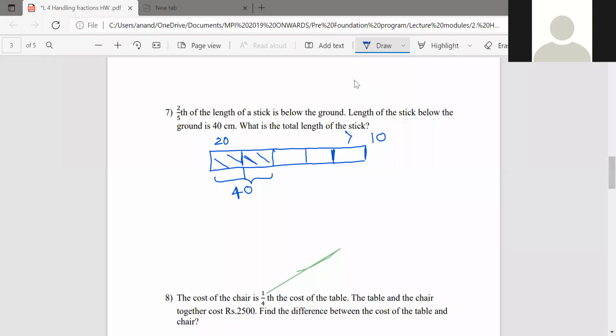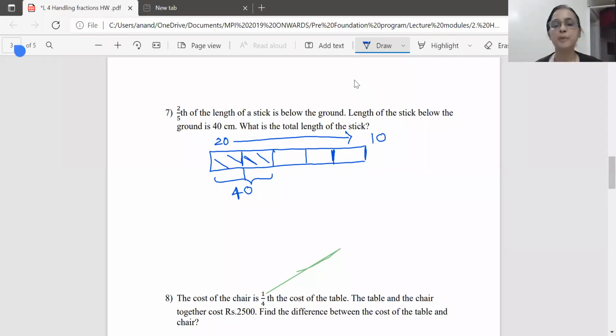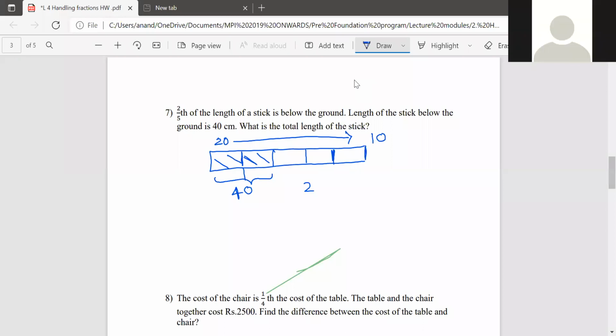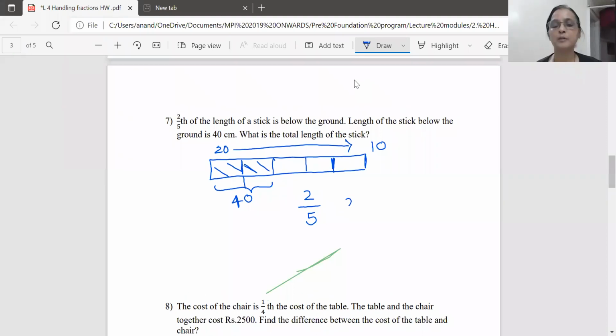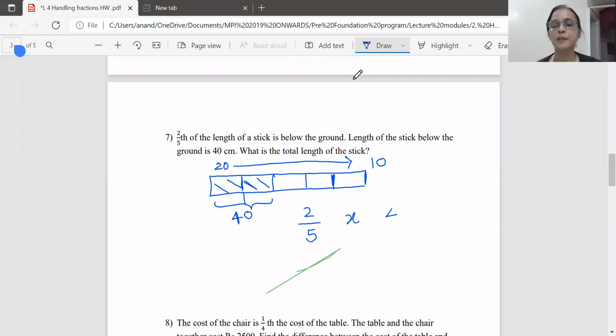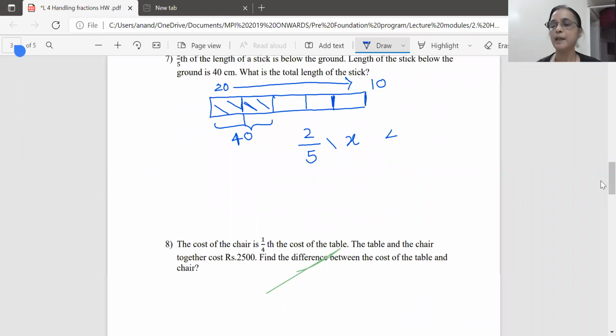Can we do it by x? Yes. If the number is x, 2/5 of the number is 40. That is given to us. So what will be the number? I simply have to cross the magic river.